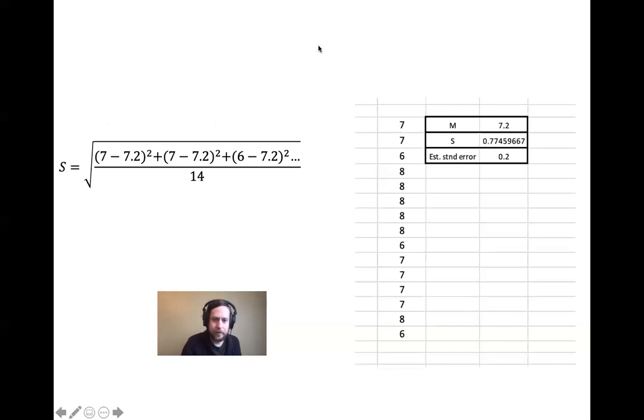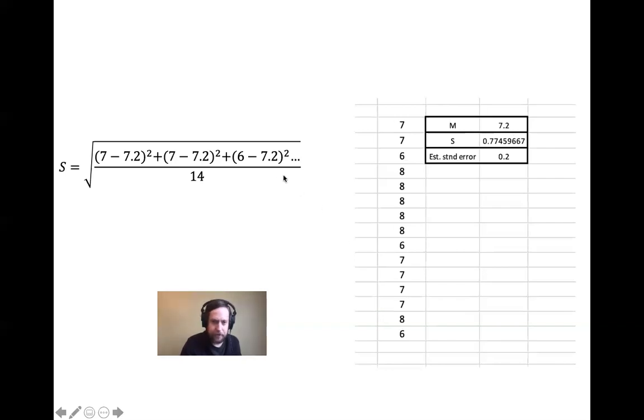You go to the next one, 7, you see the 7 again, minus the sample mean again, 7.2, square that difference, write that number down. Then you go to the next number, 6, because we got a 6 right there. 6 minus 7.2 squared. You write that number down.